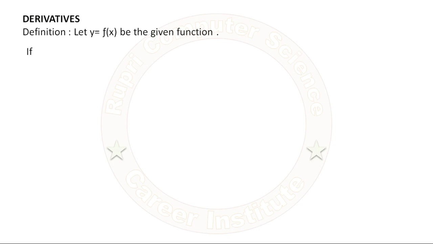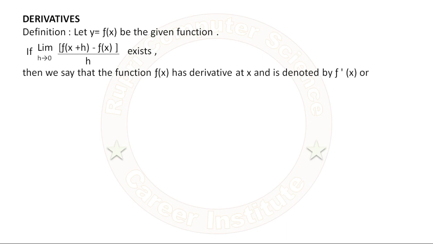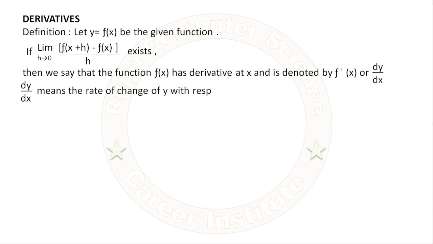If the limit as h tends to 0 of (f(x + h) - f(x)) / h exists, then we say that the function f(x) has a derivative at x and is denoted by f'(x) or dy/dx. dy/dx means the rate of change of y with respect to x, or the derivative of y with respect to x.